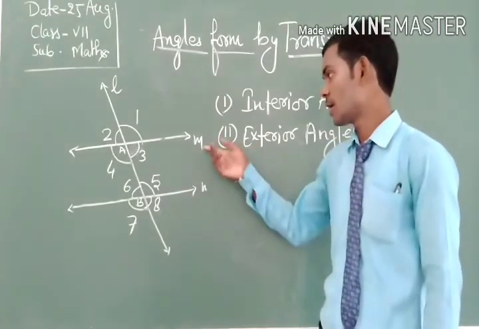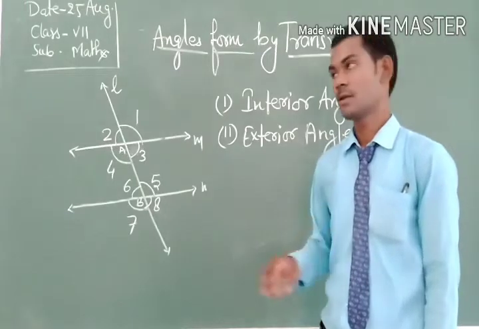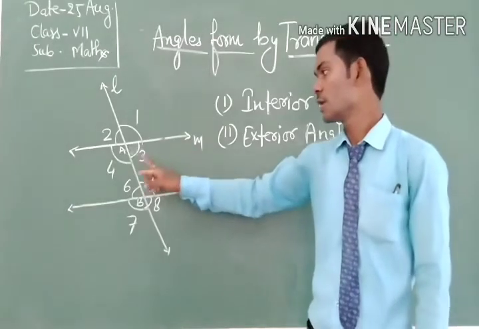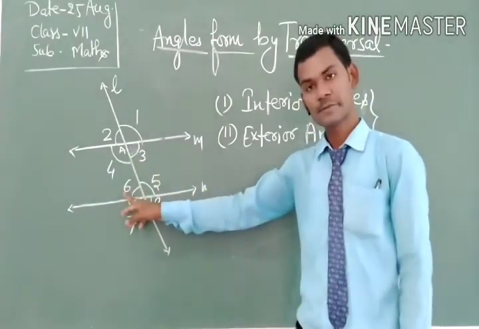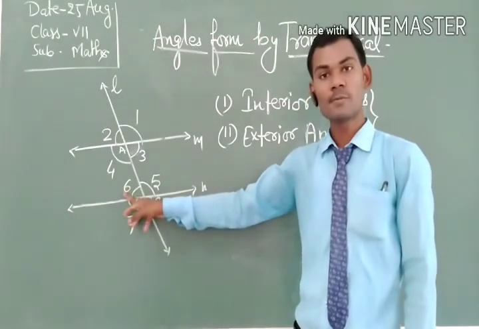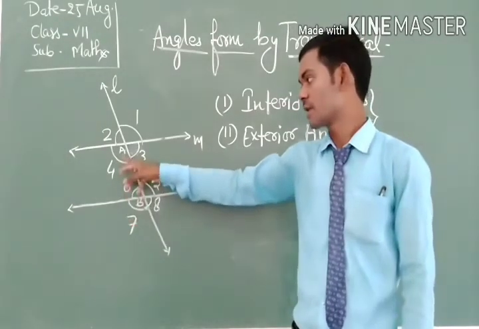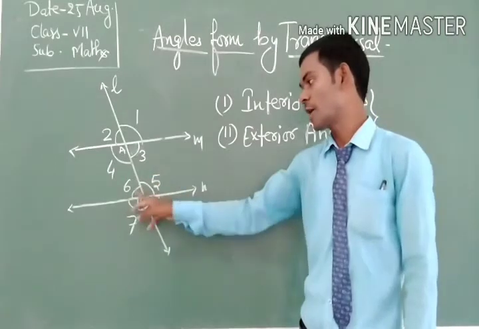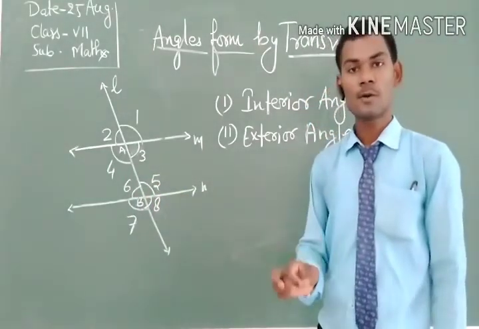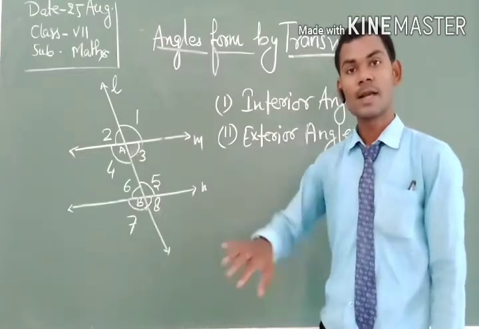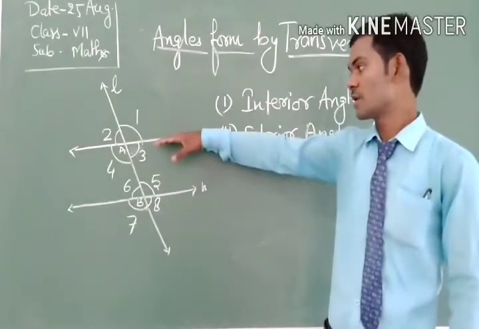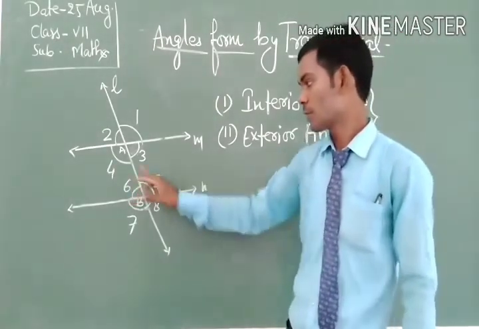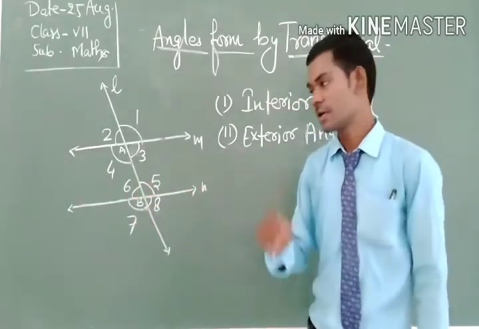In the figure, M and N are two given lines and L is the transversal line, and the angles 3, 4 and 5, 6 have the common line segment, that is AB. The angles 3, 4, 5, 6 have the common line segment AB and also lie between the lines M and N, so the angles 3, 4, 5 and 6 are the interior angles.